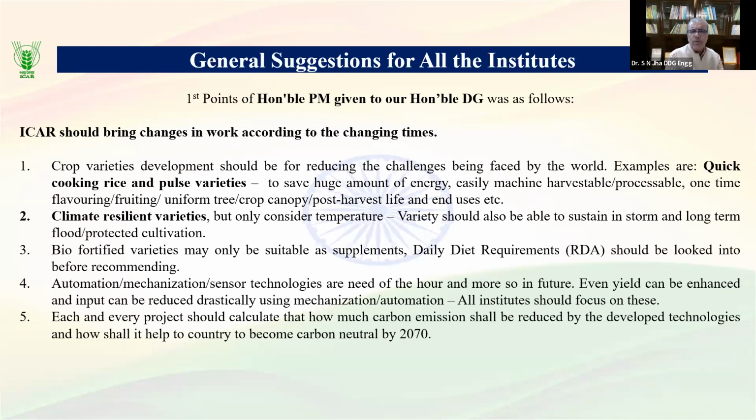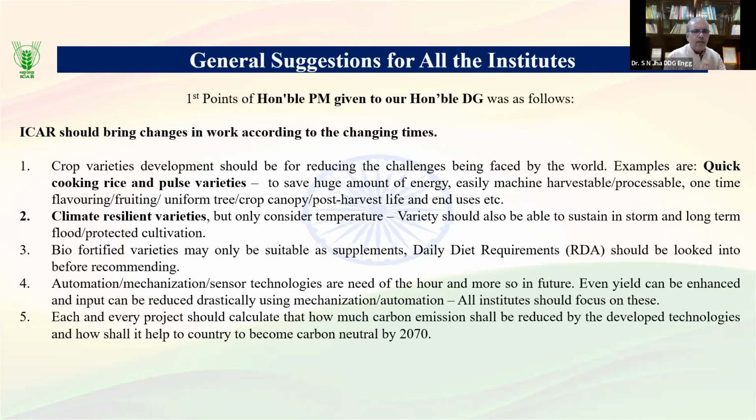We have worked too much on the development of varieties for productivity, production, etc. Can ICAR think how to bring a moratorium on the development of varieties only for production and productivity? Instead of that, ICAR should work on developing varieties for national problems. For example, India is hungry for energy.